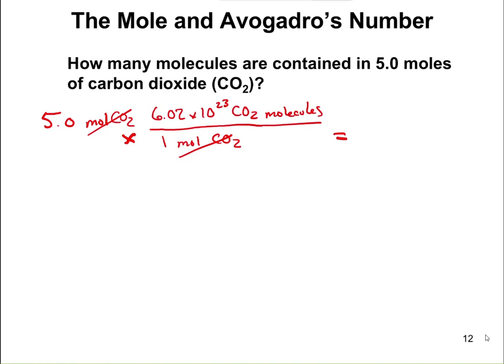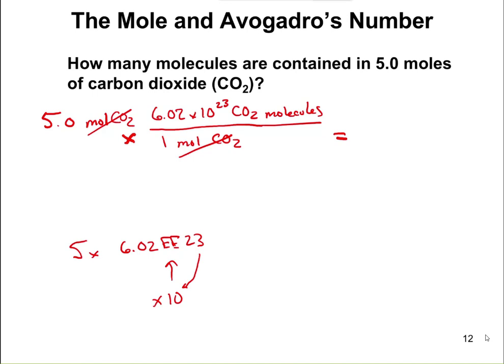So on most calculators, you would type in 5 times 6.02, then use that EE button, 23. And that EE button is times 10 to the, and then the exponent would be the 23rd.